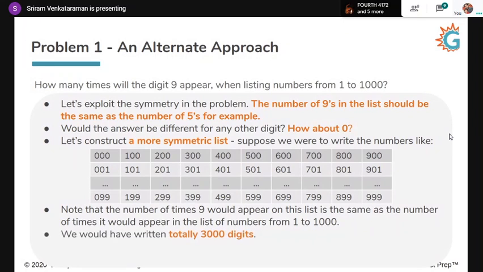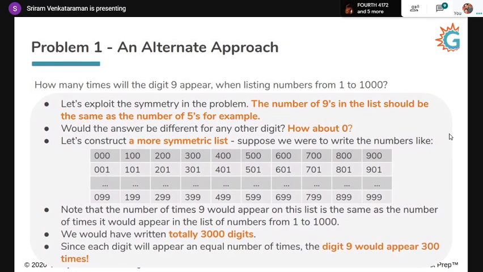So 3,000 divided by 10 has to be 300. My point is that in this symmetric list, each digit will appear an equal number of times, and therefore 9 would appear 300 times. But the number of times 9 appears in this list is the same as what is asked in the question, and therefore the answer to the question should also be 300 times.